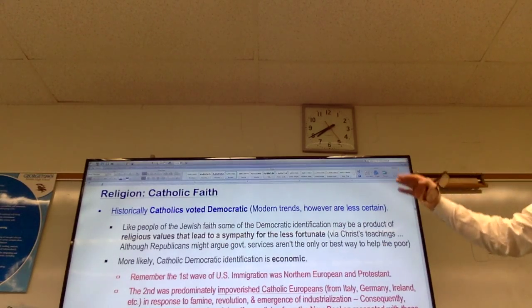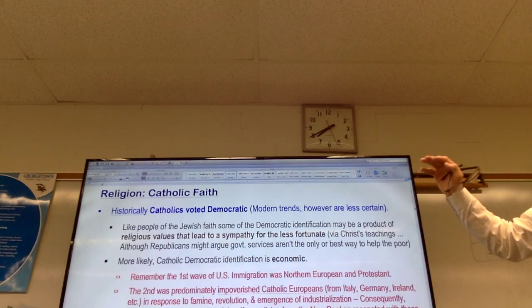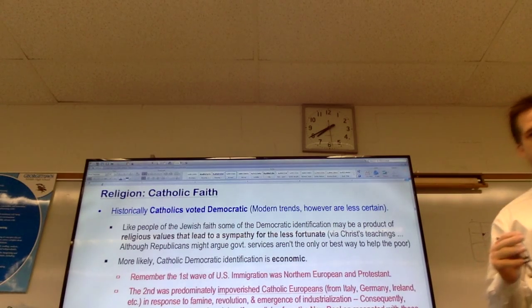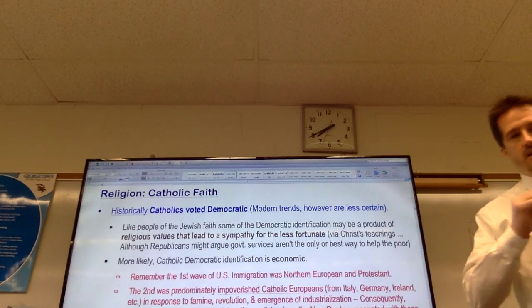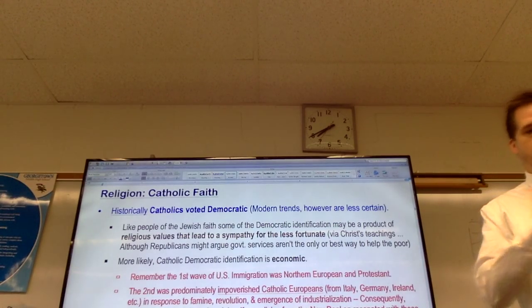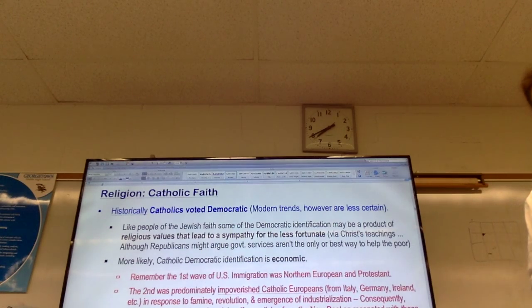The Jewish population, we had talked about voting historically with the Democratic Party. And some of it was because of the ideology of the religion matching up somewhat with the Democratic Party.